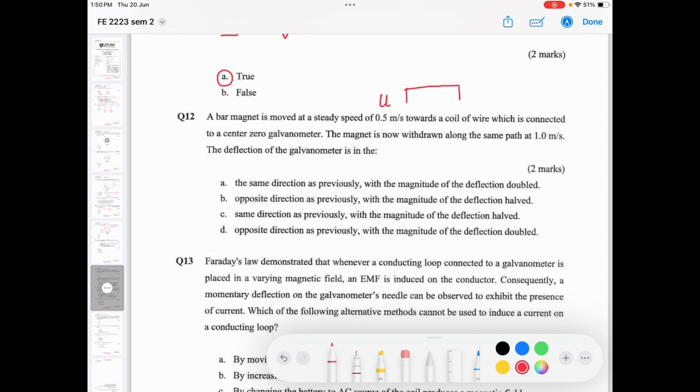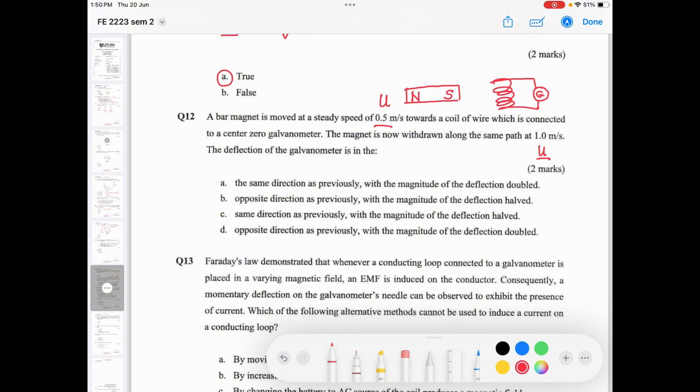Just imagine you have a bar magnet, north and south, and a coil connected to the galvanometer to measure the current. The magnet is now withdrawn along the same path at the speed given. Moving in is this speed, and moving out is this speed.